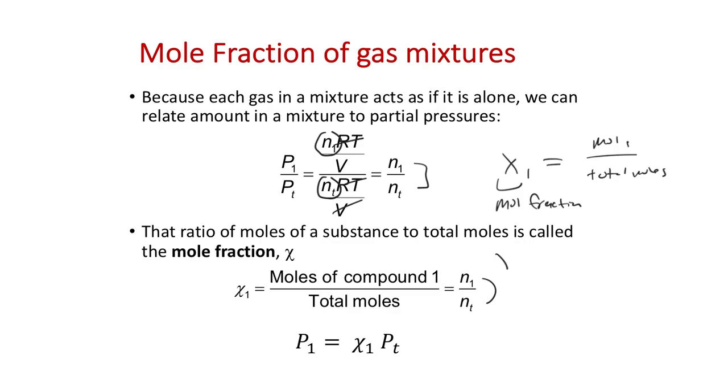And so if you call this the mole fraction of component 1, then you can relate the mole fraction of component 1 to the total pressure. The partial pressure of component 1 is just the mole fraction of that component times the total pressure. This is just another way of writing N1 over NT times PT.